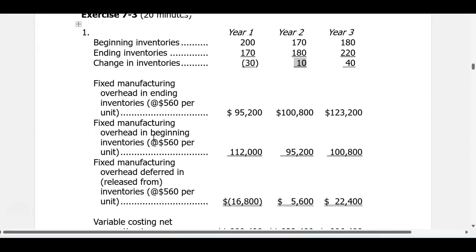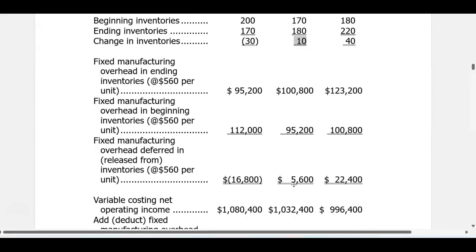Now, fixed manufacturing overhead in the beginning was 170 times $560 per unit. That's $95,200. So the difference is $5,600 fixed manufacturing overhead deferred in inventories under absorption costing.